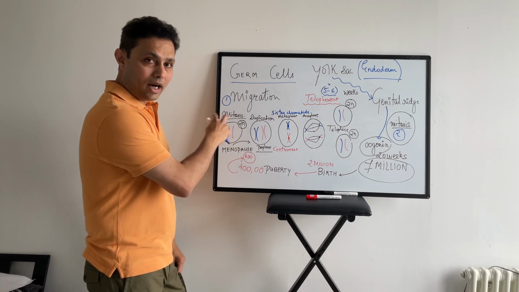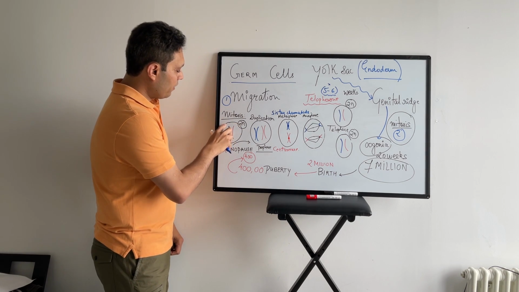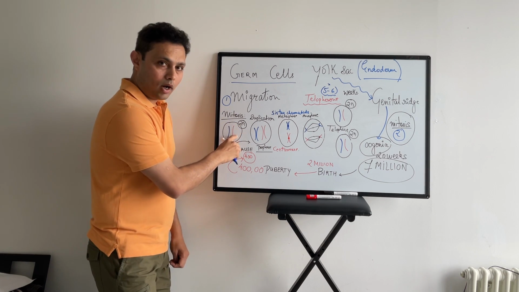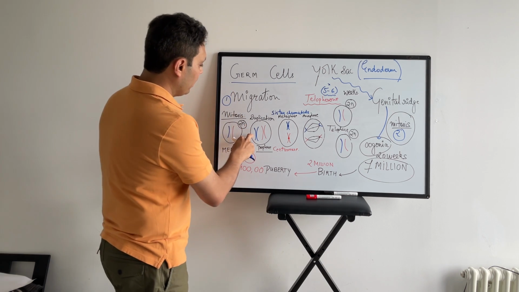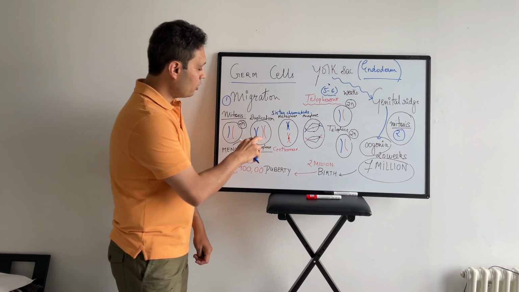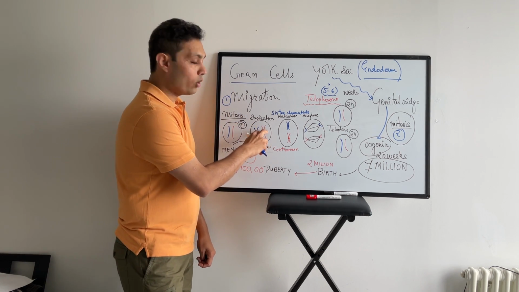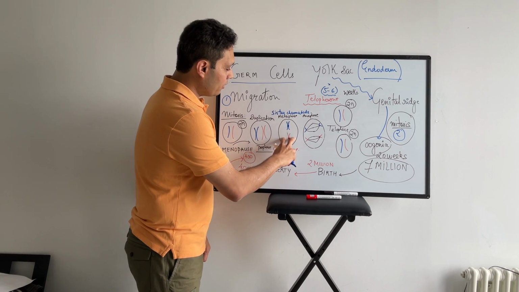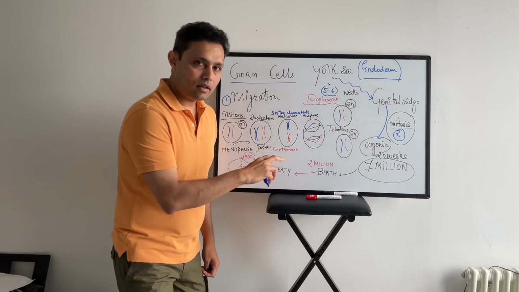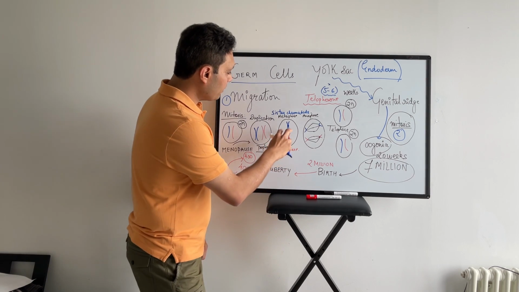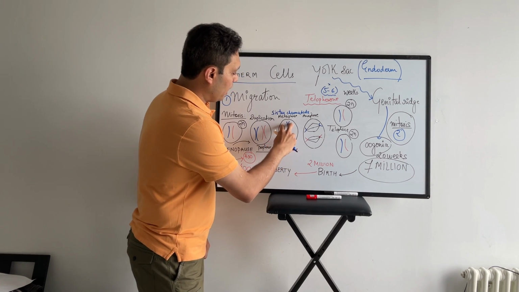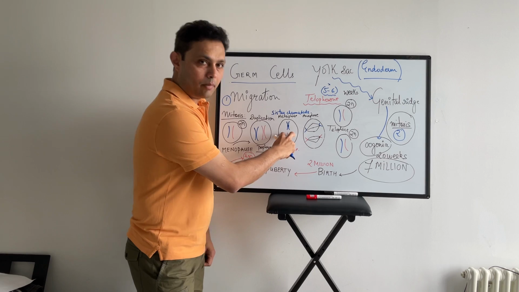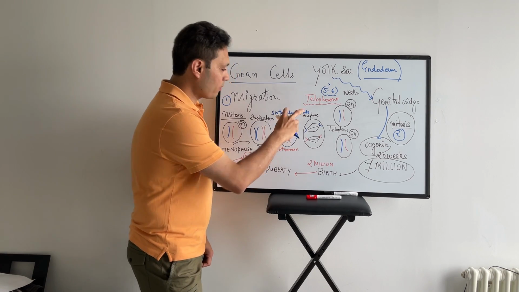So if you look at the mitosis, if you take one blue and one red as the genetic material, the initial step that happens is the duplication. So we'll have two of blue and two of red. After that, the next step is when they come and align in the center. This particular step is known as metaphase.